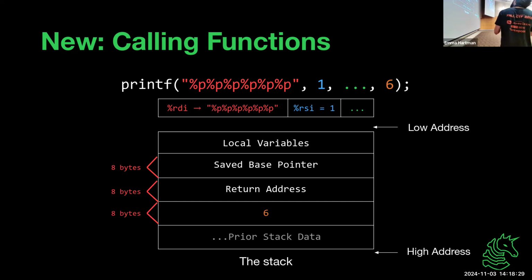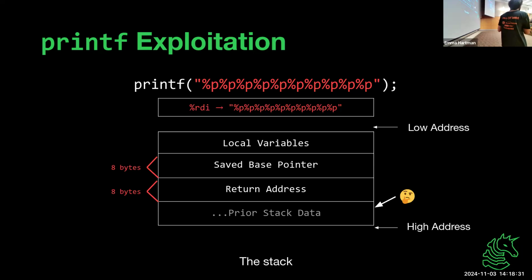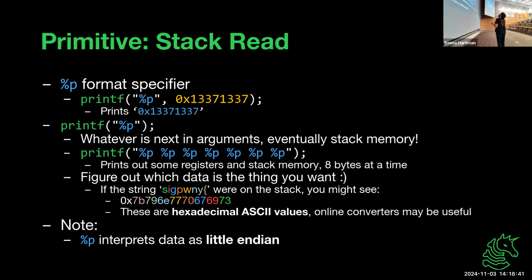So the question becomes, if we just provide a bunch of format specifiers as our string, where are our variables? And so it's undefined behavior. And specifically, it's very unsafe behavior, because now what happens is we can go through all of our pointer registers, and eventually we'll start reading data off of the stack.